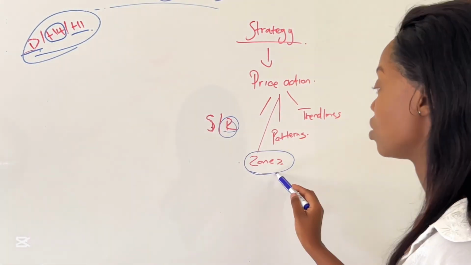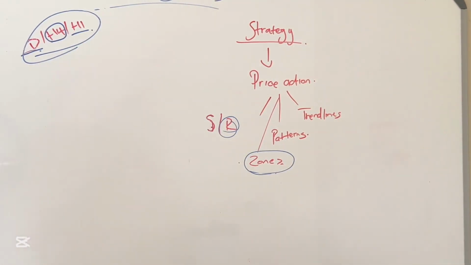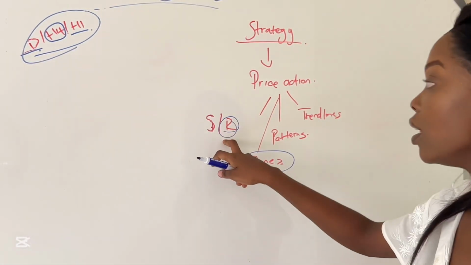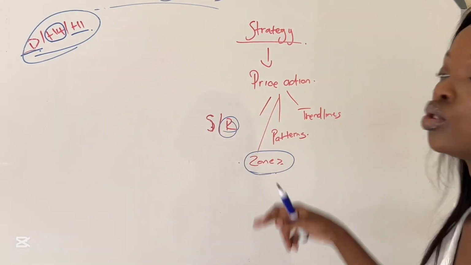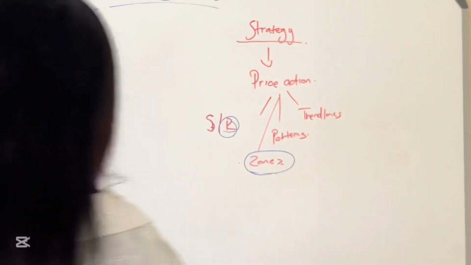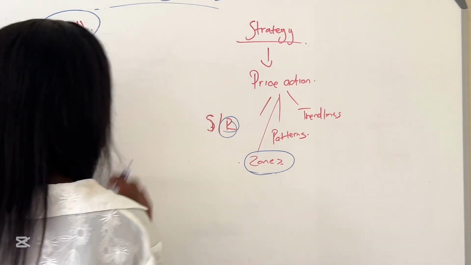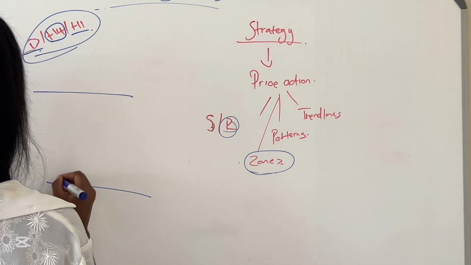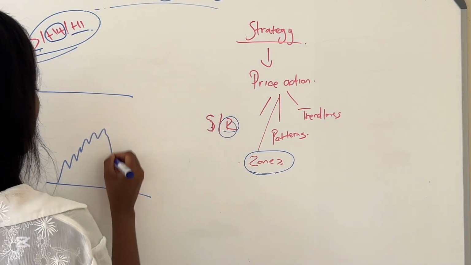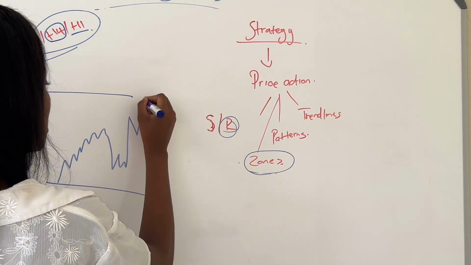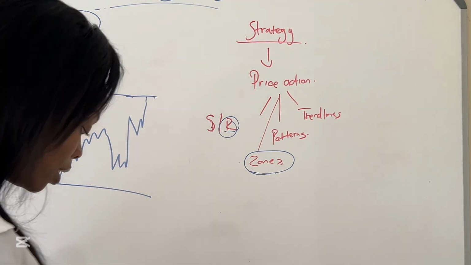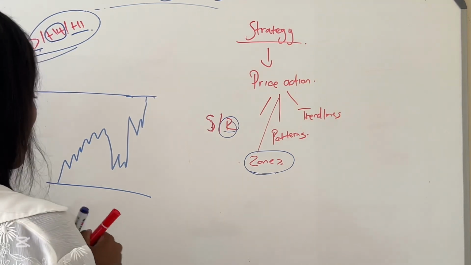And then we come to zones. Zones and support and resistance are basically the same thing, guys. So the same way you trade support and resistance is the same way you trade zones. The only difference is that zones can be drawn in between support and resistance. So if this is your resistance and this is your support and this is your market, zones will be at every point where the market reacts.